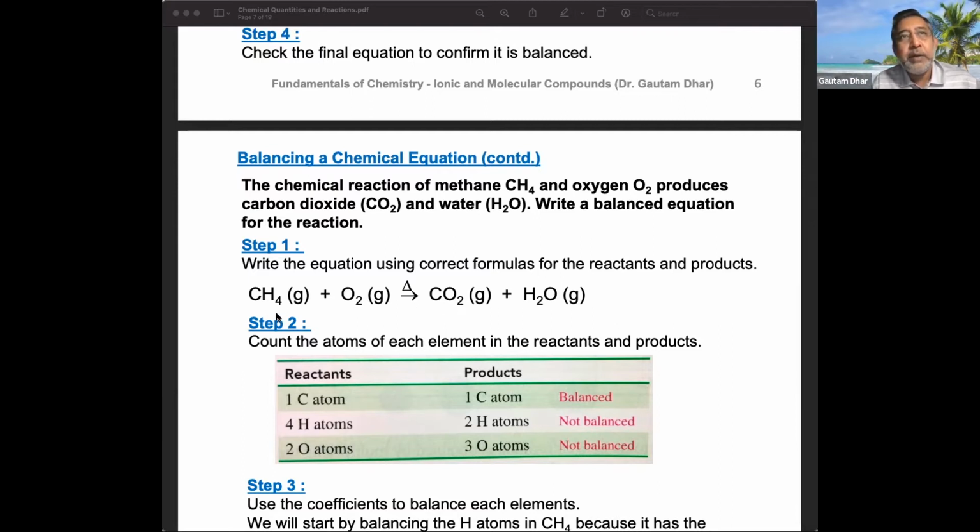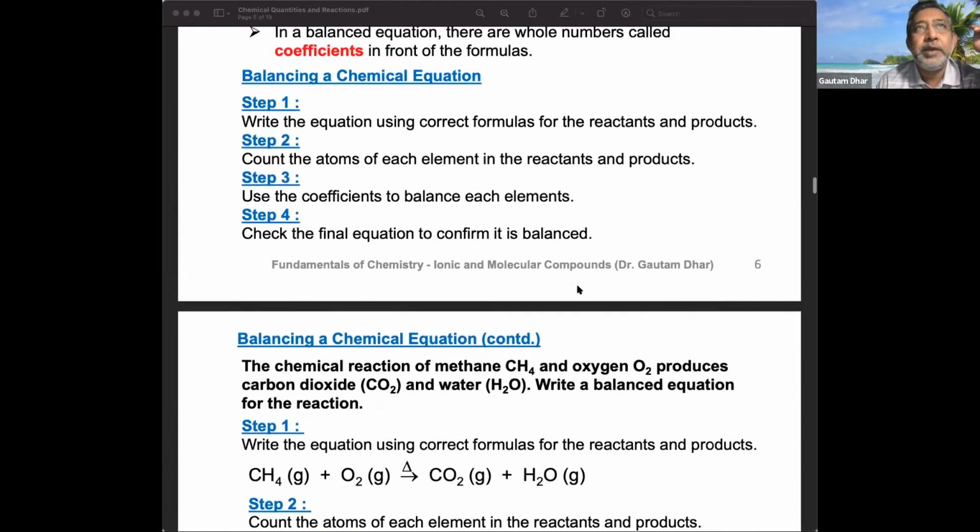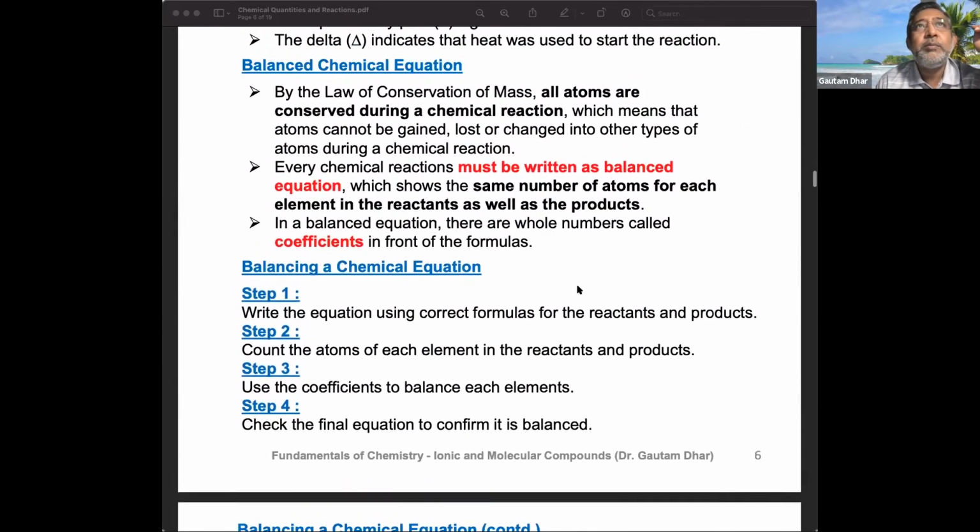If you count the number of hydrogen, you have four hydrogen on the left, but you have two hydrogens on the right. For oxygen, you have two oxygens on the left and three on the right. So these are unbalanced, so it is not conforming to the law of conservation of mass. The masses are different, and that cannot be. And so we need to balance the equation.